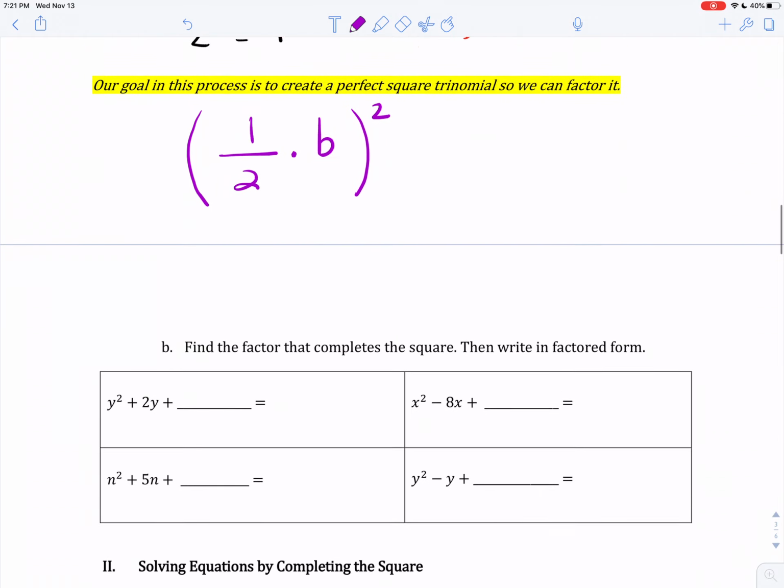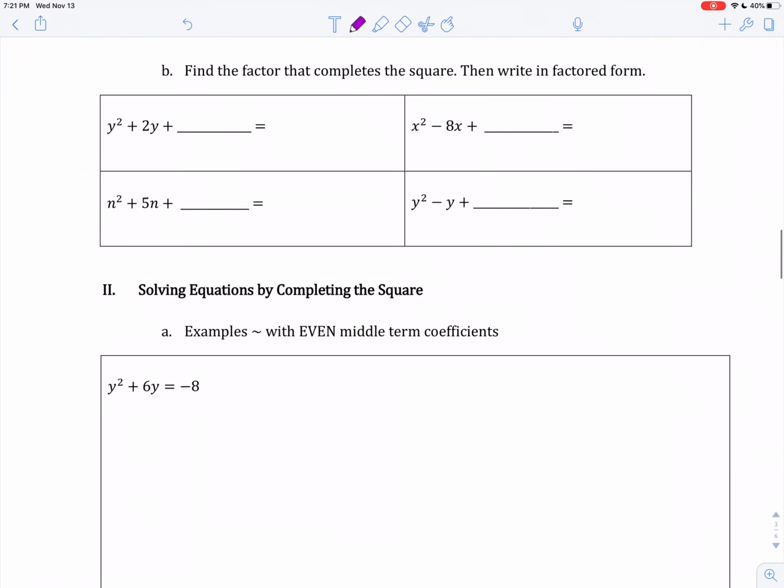All right, so let's first start out with just making sure we understand what we need to add to get a perfect square. Notice the instructions on these. We want to find what completes the square. And that will always be 1/2 of the middle term. Now the middle term here is 2. And don't forget to square it.